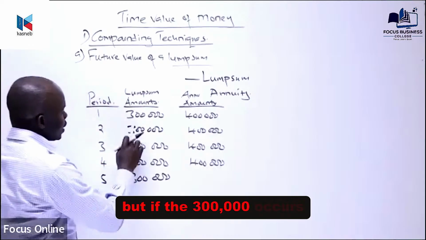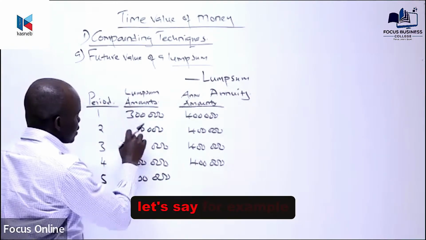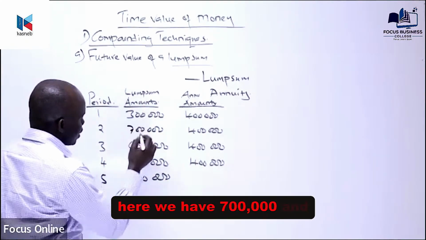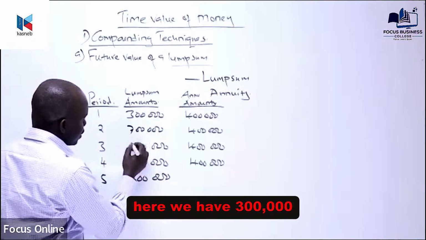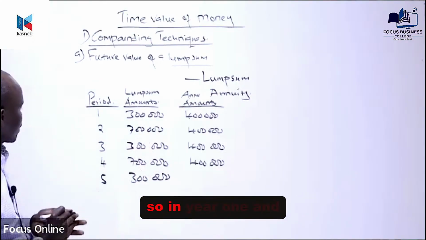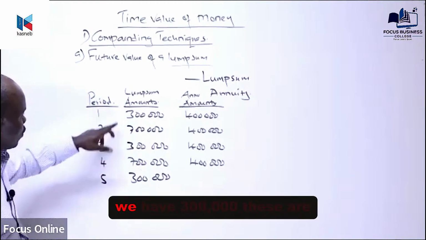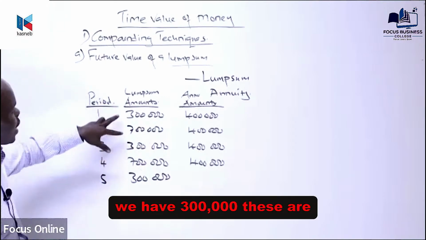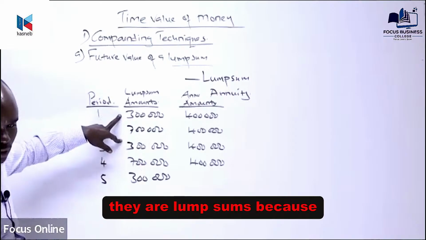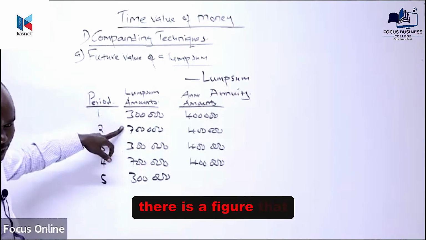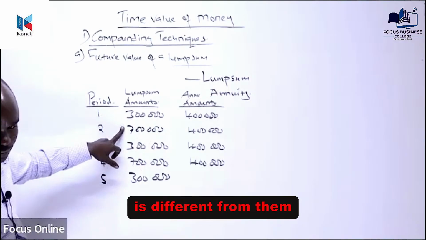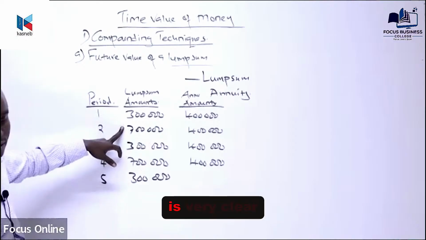But if the 300,000 occurs after, for example, 700,000, so in year 1 and year 3 we have 300,000, these are not annuities, they are lump sums because in between them there is a figure that is different from them. I want to believe that is very clear.